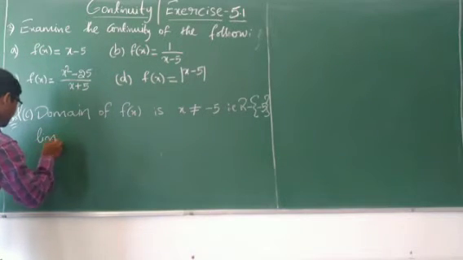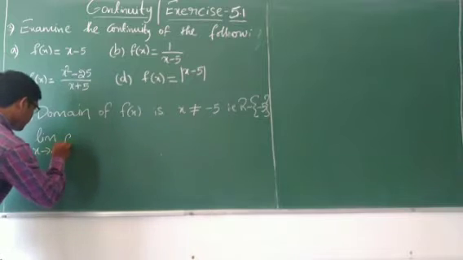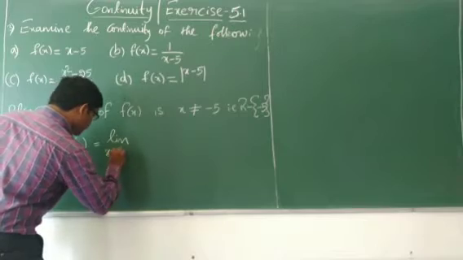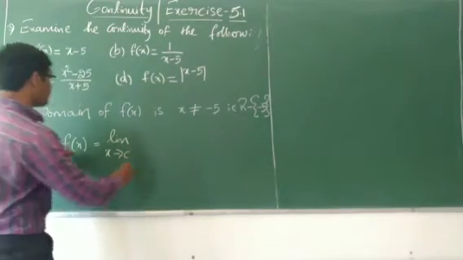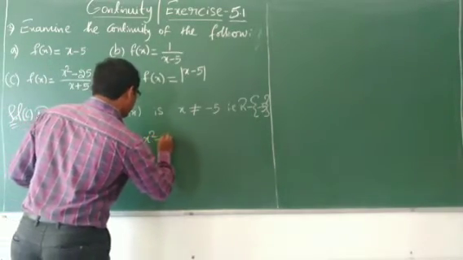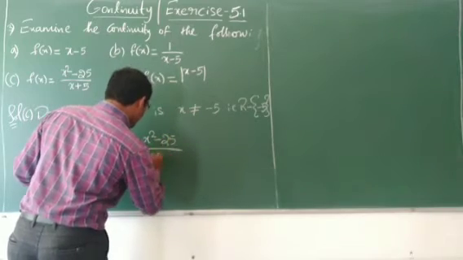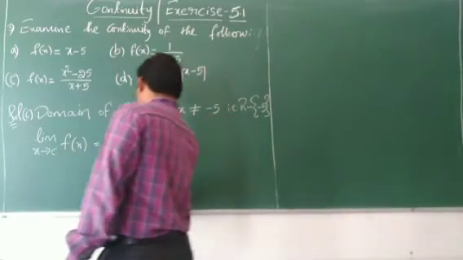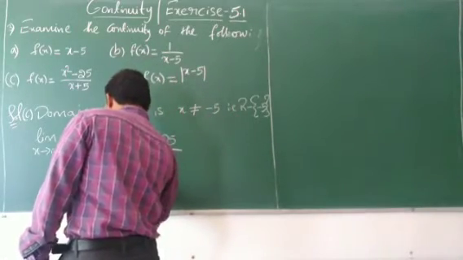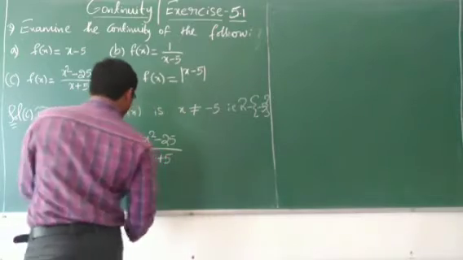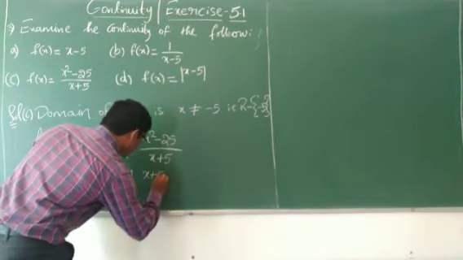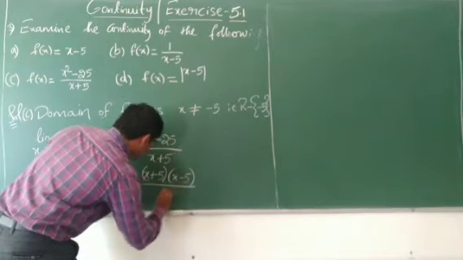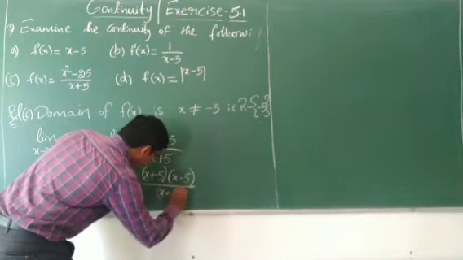Now we proceed in the same way. Limit x tends to C of f of x is equal to limit x tends to C of x square minus 25 by x plus 5. First we factorize this. We can write this as x plus 5 into x minus 5 by x plus 5.